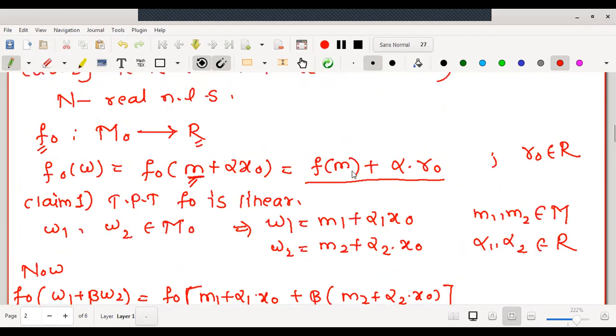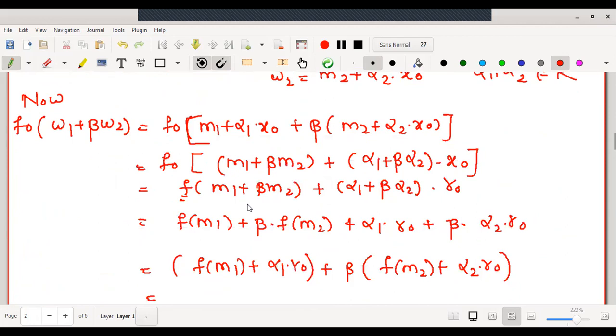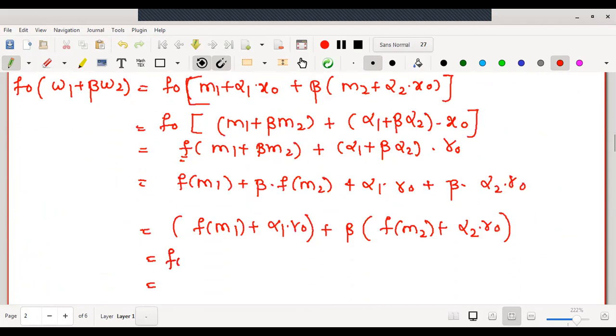Okay, f of m1 into alpha 1 of r naught, if we just look at the definition again, if it is f of m1 into alpha r naught, this is f naught of m1 plus alpha x naught. Therefore, may I write this is f naught of m1 plus alpha 1 x naught plus beta taken as it is, f naught of m2 plus alpha 2 of x naught.